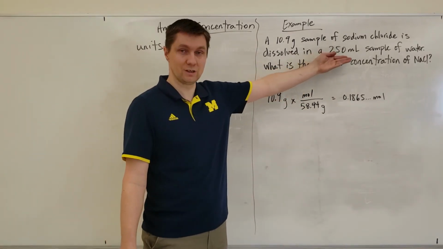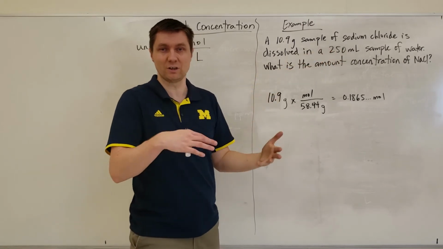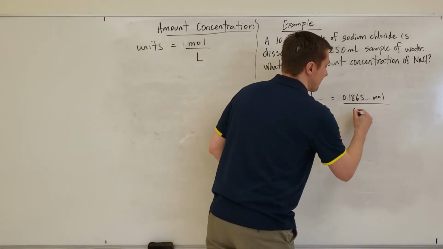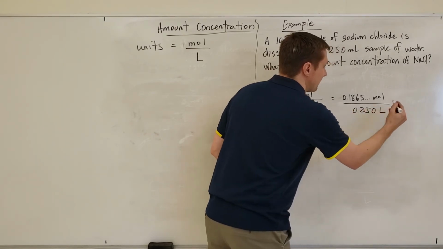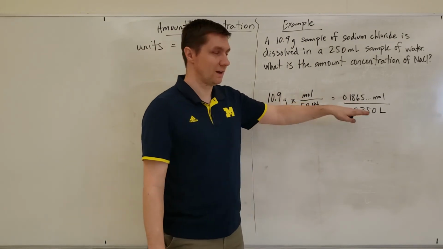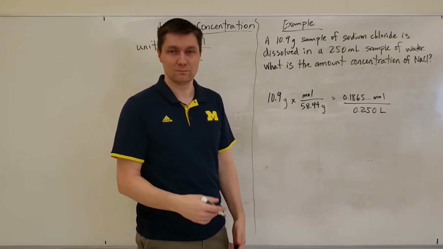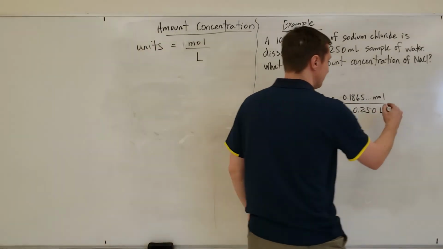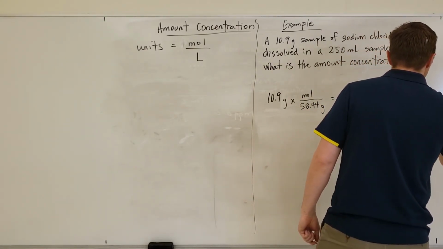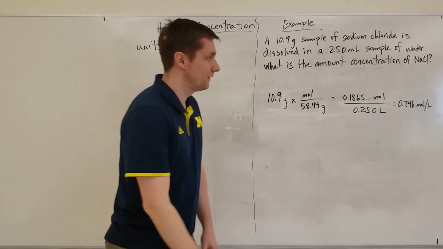This is a little tricky. It's expressed in milliliters. So I just have to convert that into units of liters. And then I divide the two together, this number divided by that number, and I get my number in moles per liter. And there's my answer.